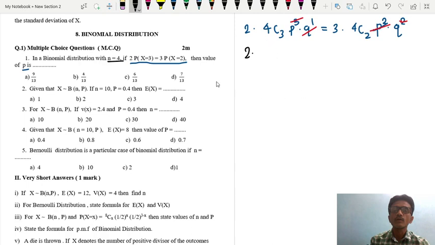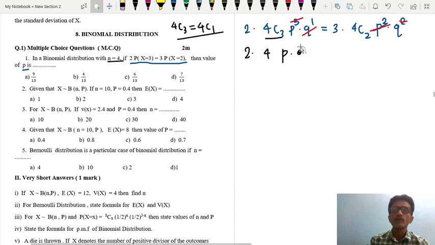See here, 4c3 is equal to 4c1, and 4c1 is equal to 4. So here 4c3 is equal to 4 and is left over here, and q is cancelled already, so q will not be there.